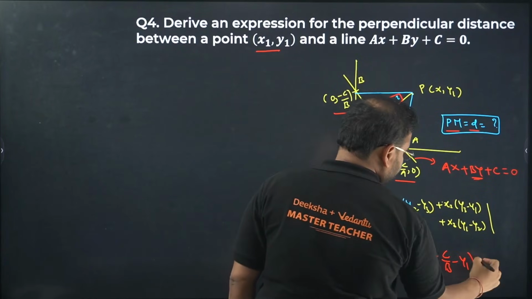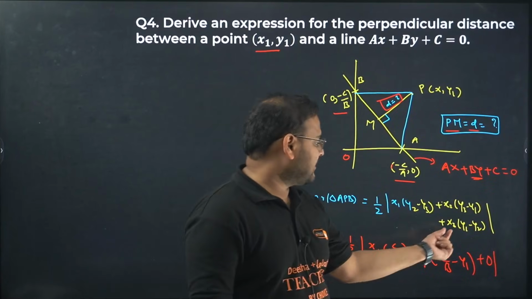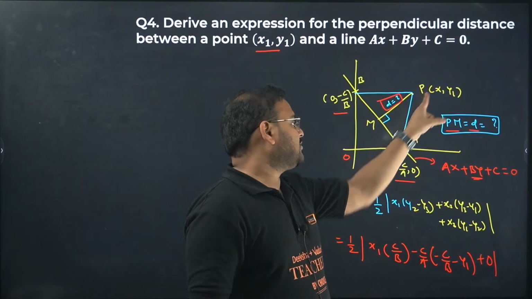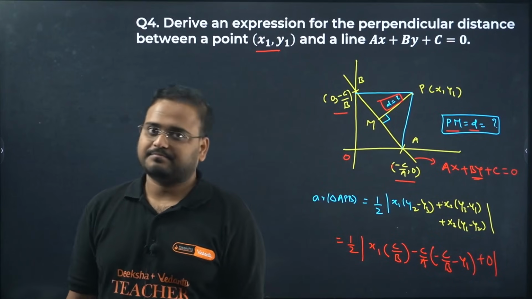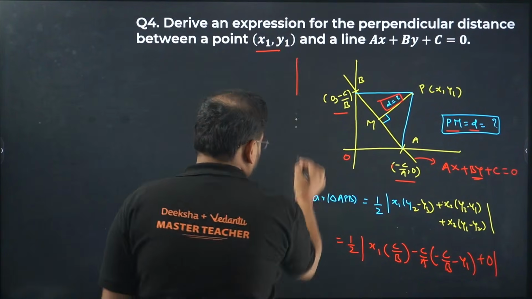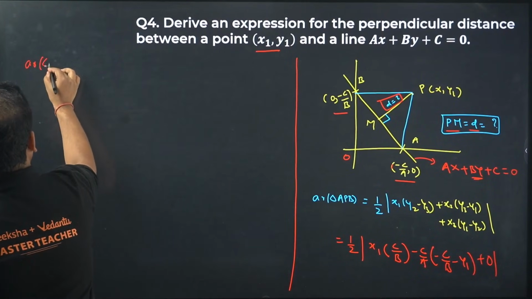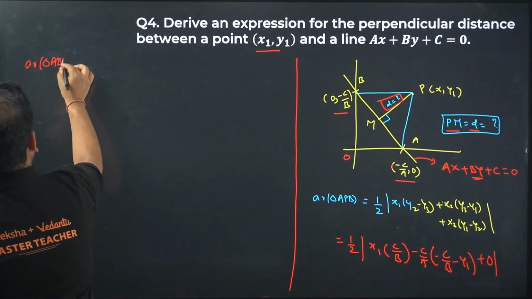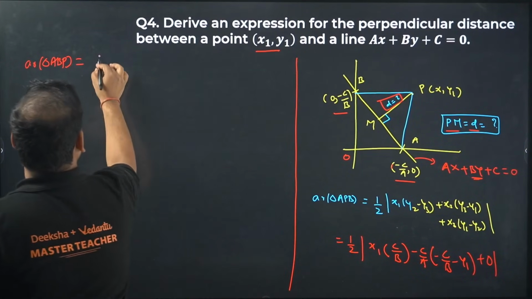What about the last one? 0. How come 0, sir? x3 is there. What is the x3 value? 0. x1, x2, x3. x3 is 0. Done. Okay, sir. Now simplify this. We'll get the area of triangle APB, whatever it is, as half.